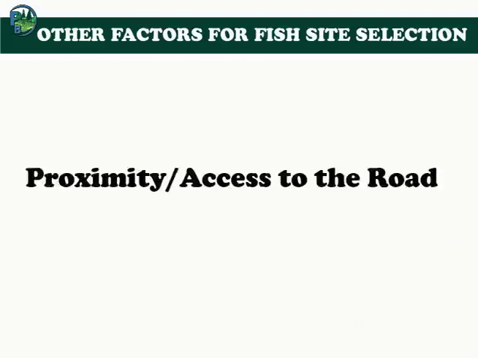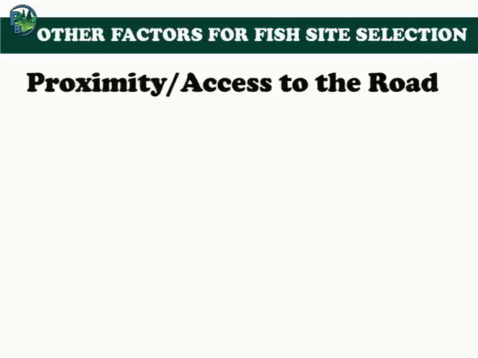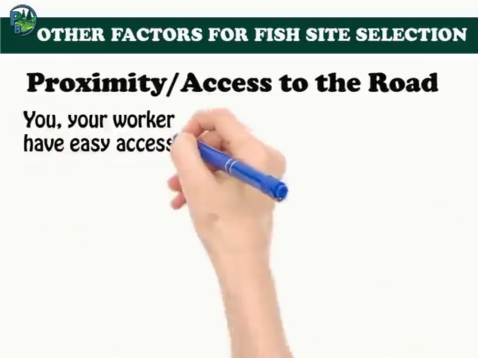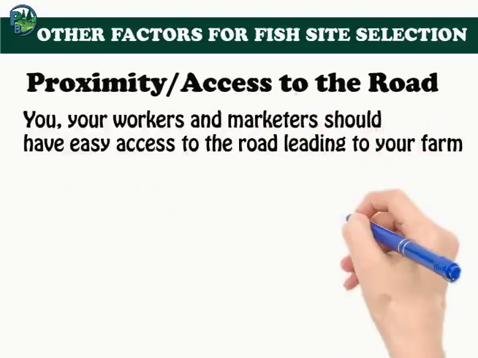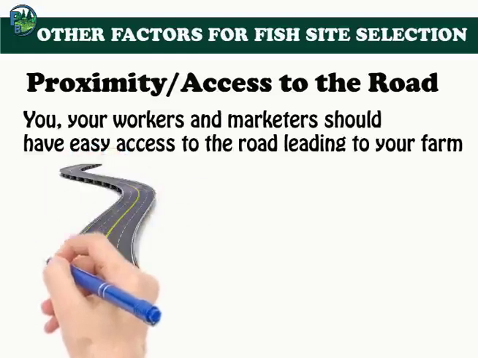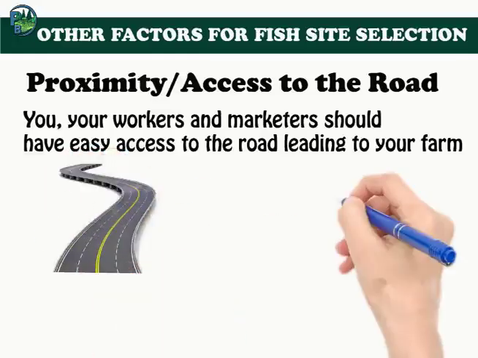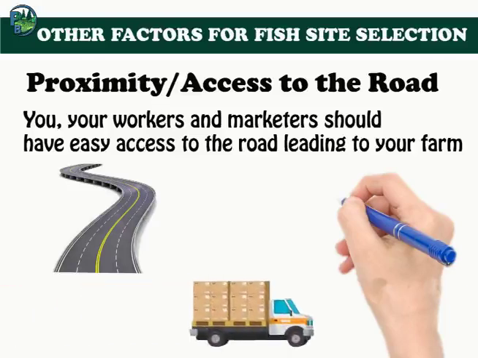3. Proximity or access to the road. This is considered to ensure that you, your workers, and marketers get easy access to the road or road leading to your farm. If your farm has no good road leading to it, then it will be difficult to move in and out materials.